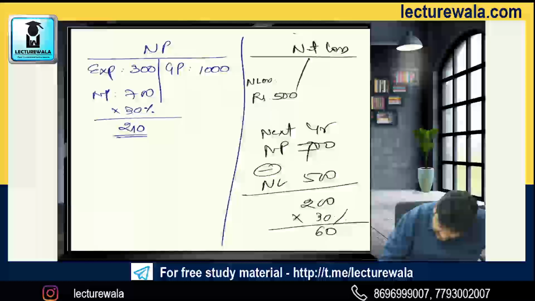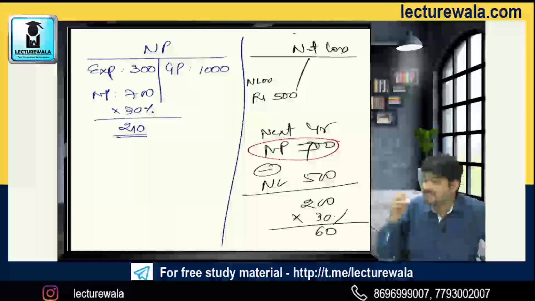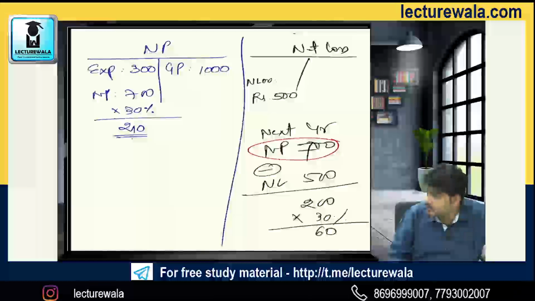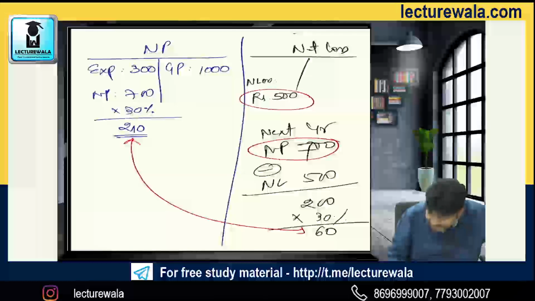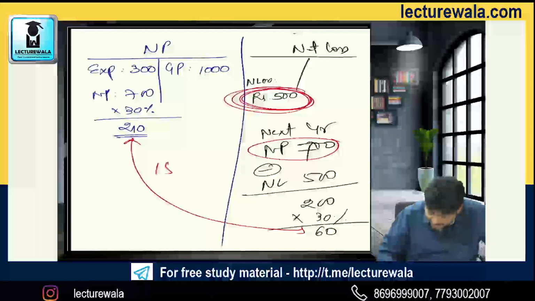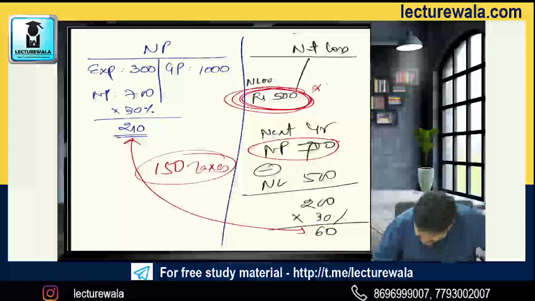How much have I saved? If I had to pay taxes directly on 700, I would have paid 210. But now because I had a loss of 500, I am paying only 60. So how much have I saved because of this loss of 500? Can I say 150 tax I have saved, which is basically 500 into your tax rate 30%, which is 150?